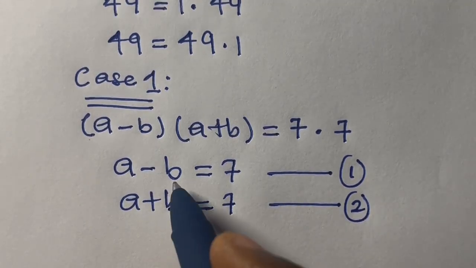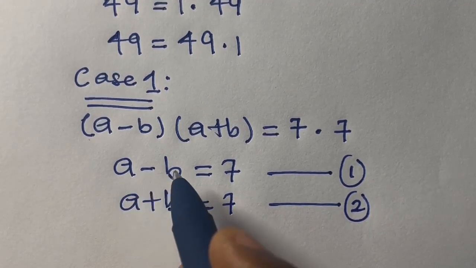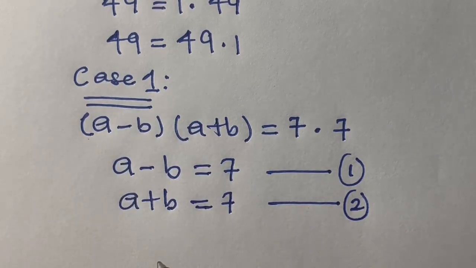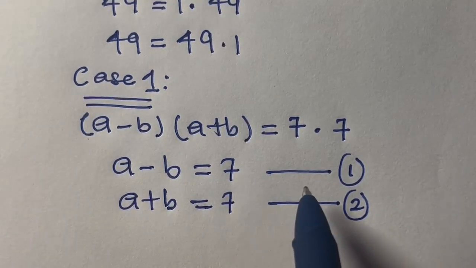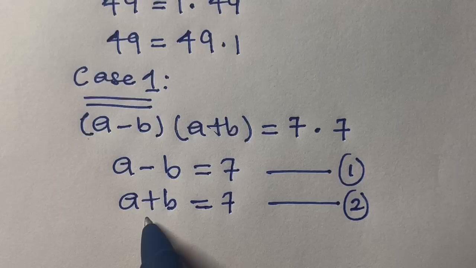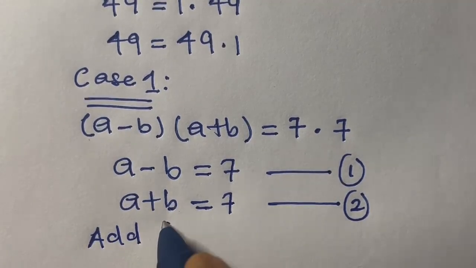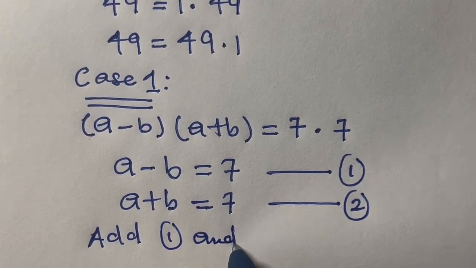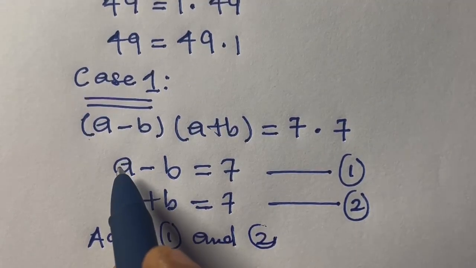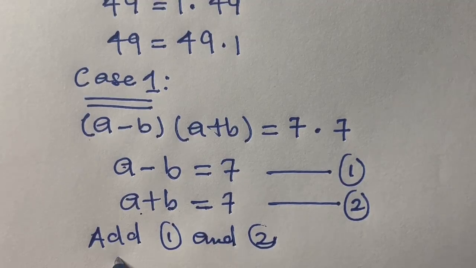Now we can solve this simultaneously to obtain our values of a and b in this case. One of the easiest ways is to add equation 1 and equation 2. If we have a plus a, it gives us 2a.